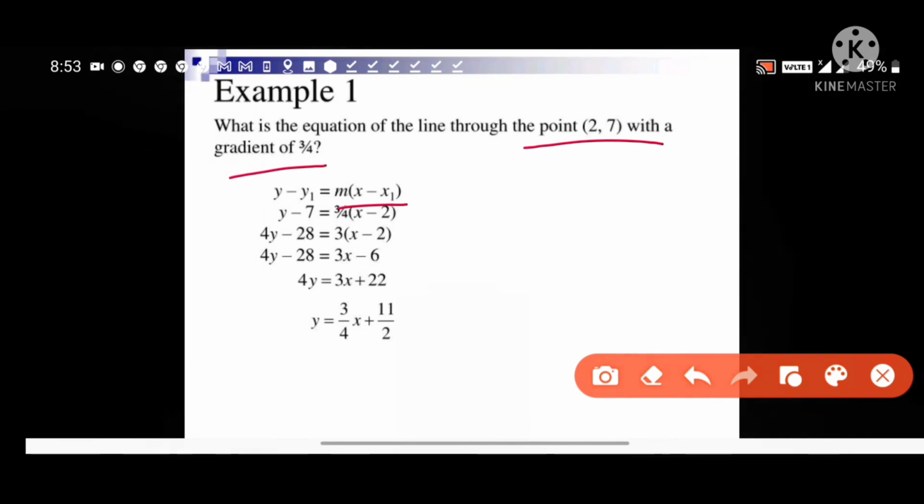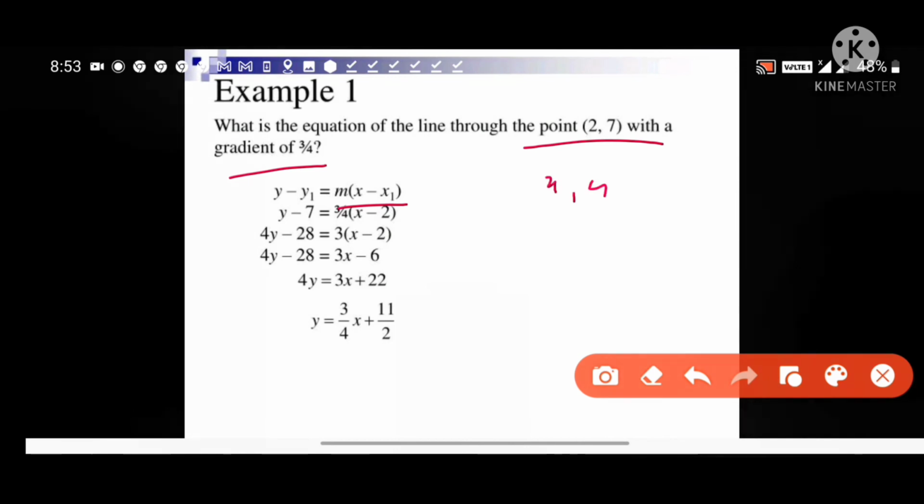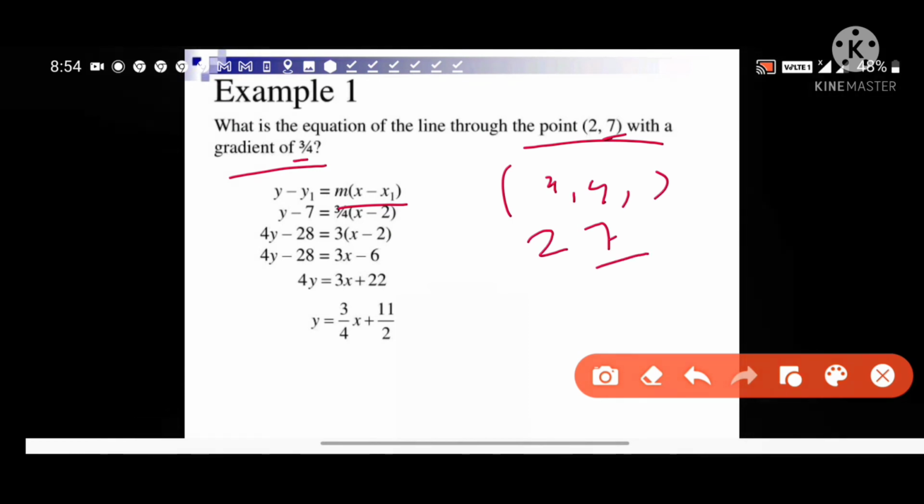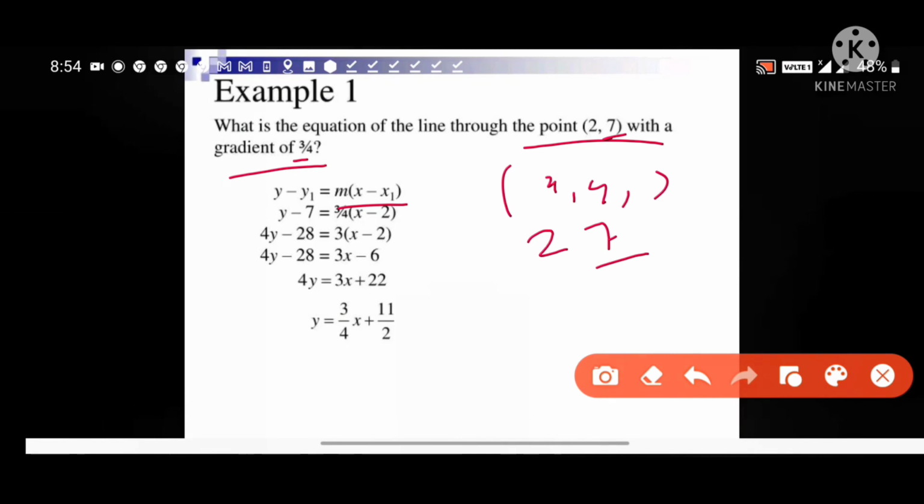Here x1 is equal to 2 and y1 is equal to 7. So y minus 7 is equal to the slope 3 by 4 times x minus 2, and by simplifying we get y is equal to 3 by 4 x plus 11 by 2.